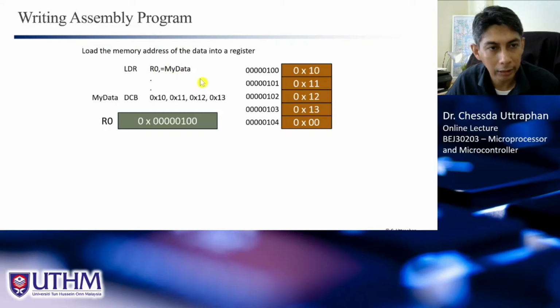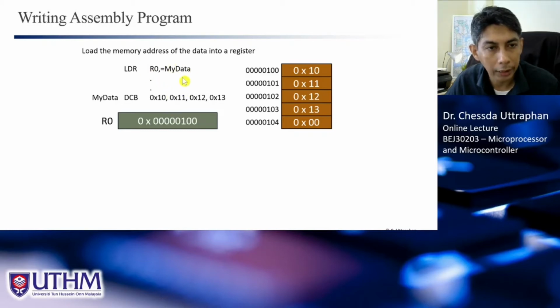But here is a new instruction for you. For example, if we define my_data in our memory here, and we write the code like this, R0 equal my_data, the microprocessor will load the address of my_data into R0.